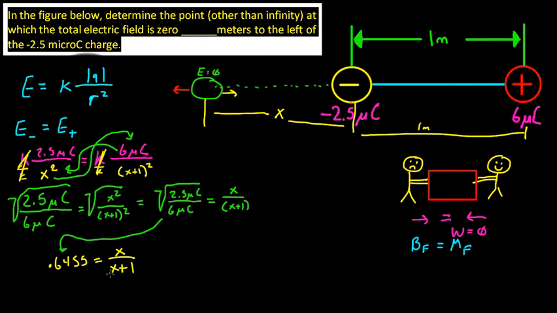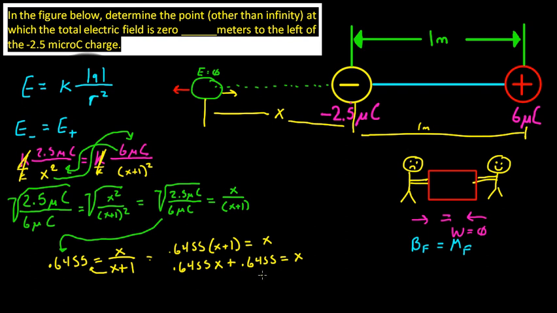Then we take this x plus 1 and bring it up here. So we've got 0.6455 times x plus 1 equals x. We get 0.6455x plus 0.6455 equals x.